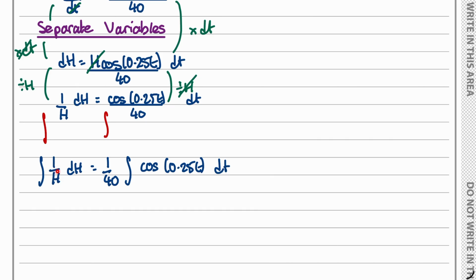And when you integrate 1 over h with respect to h, we get the natural log of h, and this will equal 1 over 40. When we integrate the cos of 0.25t, we'll use the reverse chain rule, and this becomes 1 over 0.25, which is the same as multiplying it by 4. And when you integrate cos, we get sine of a quarter t. And we're going to add that constant of integration.